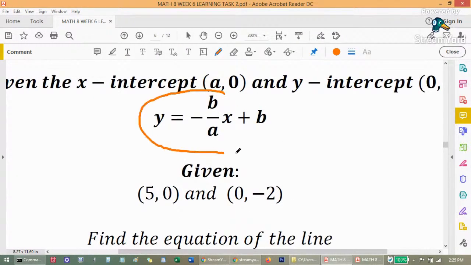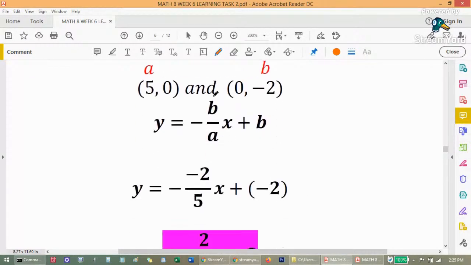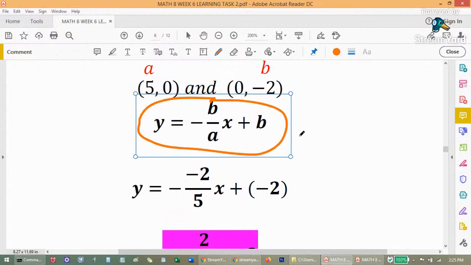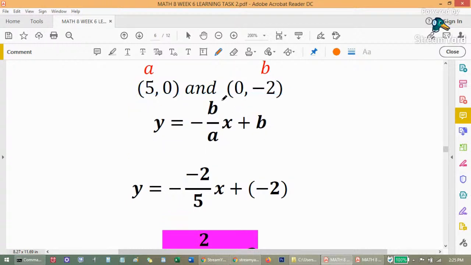And then, gagamitin lang natin tong formula na to. Kukopyahin natin. Ito. And then, lahat ng B, papalitan natin ng negative 2. Okay? So, ang B na to, magiging negative 2. And itong B na to, ay magiging negative 2.